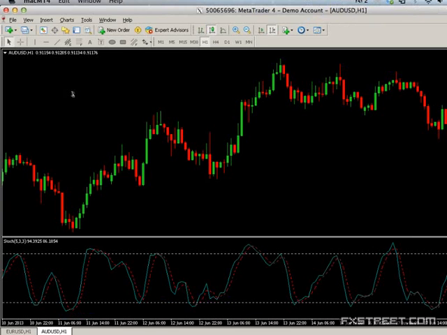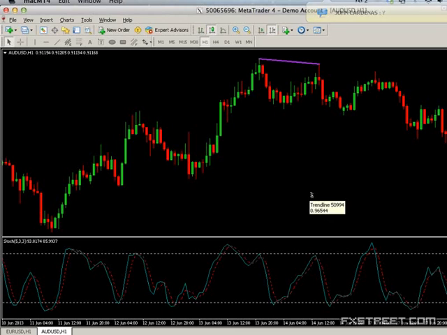For instance, take a look at this area. We have a high making a lower high. On our indicator, we have a high making a slightly lower high right there. Is it doing the same thing? It's practically the same thing here, right? It's going slightly down, and this is going slightly down.